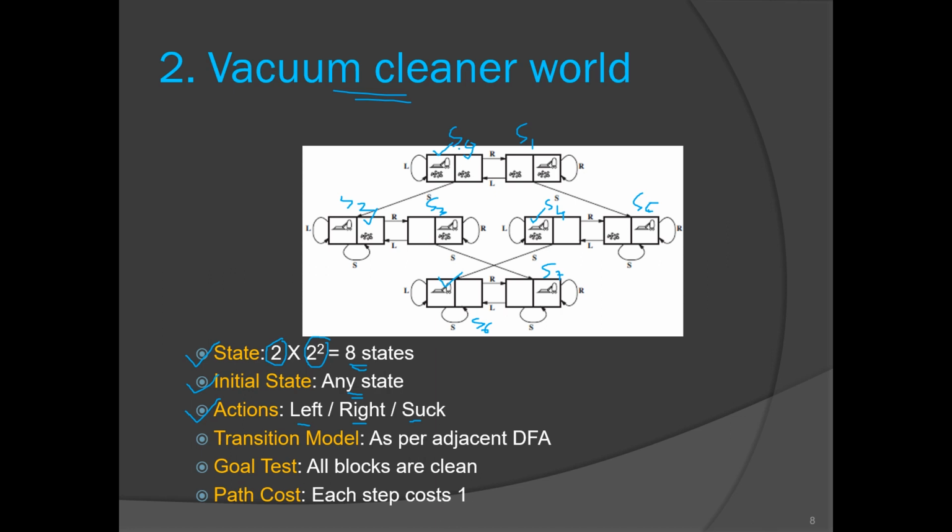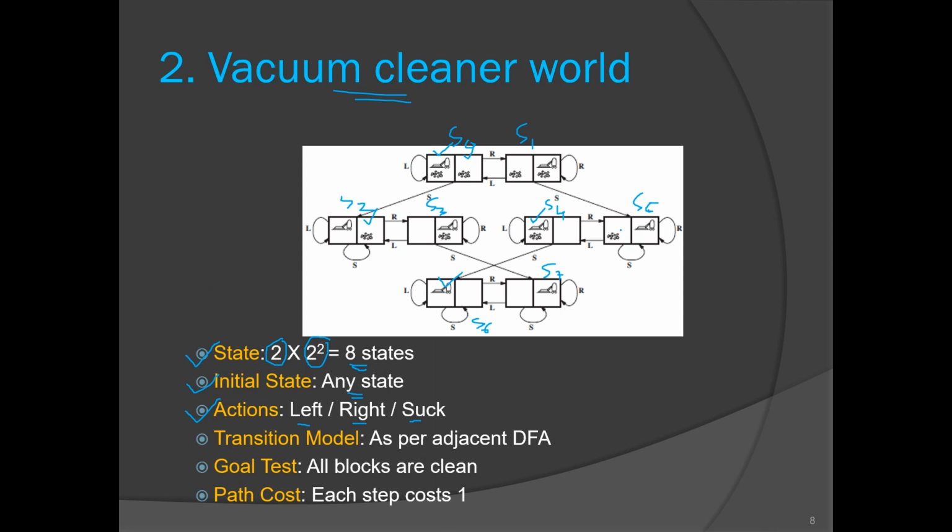I am starting with S0. If I issue a command left, he will remain in that state only, right? Now if I issue a command right, I will move to S1 state. Now here if I execute a command suck, I will move to state S5, right, and that floor will be clean.